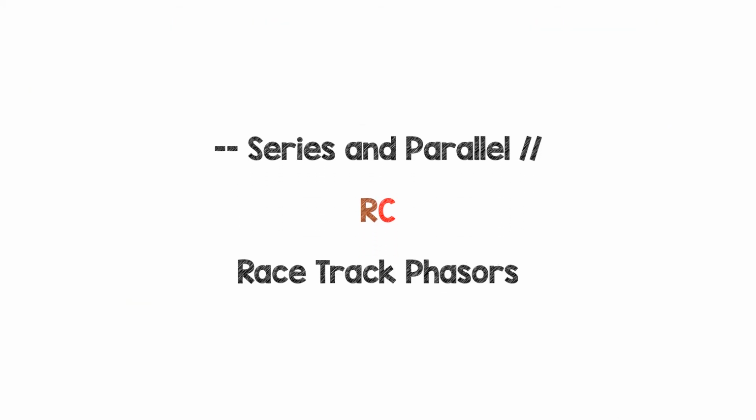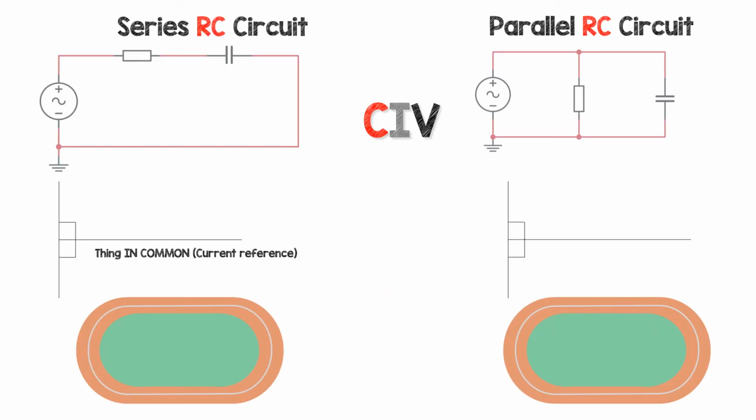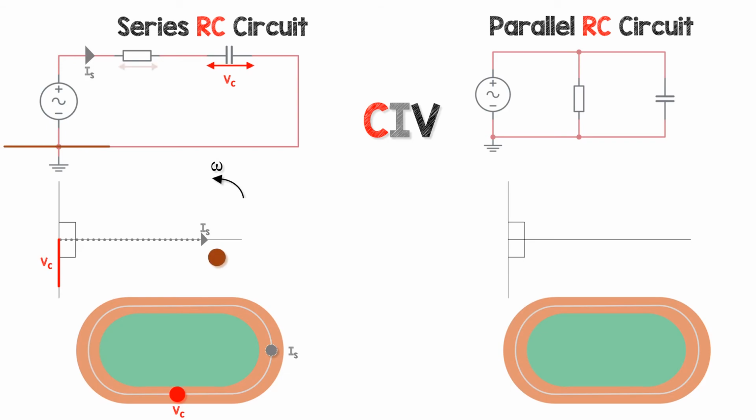Series and parallel RC phasors. For the series RC circuit, the thing that it has in common is current, so the supply current goes on the x-axis with 0 phase. And remember, the voltage across the resistor and the current through it are always in phase in any circuit.